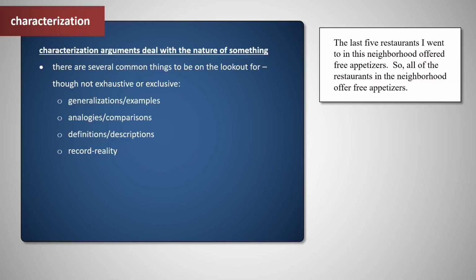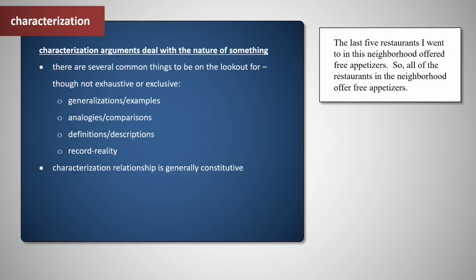So these are some of the key and common things to be on the lookout for in these arguments, that they like to structure them in this way. And additionally, the characterization relationship is generally constitutive. It's the fact that the last 5 restaurants offered free appetizers that counts as the fact that all of the restaurants do.